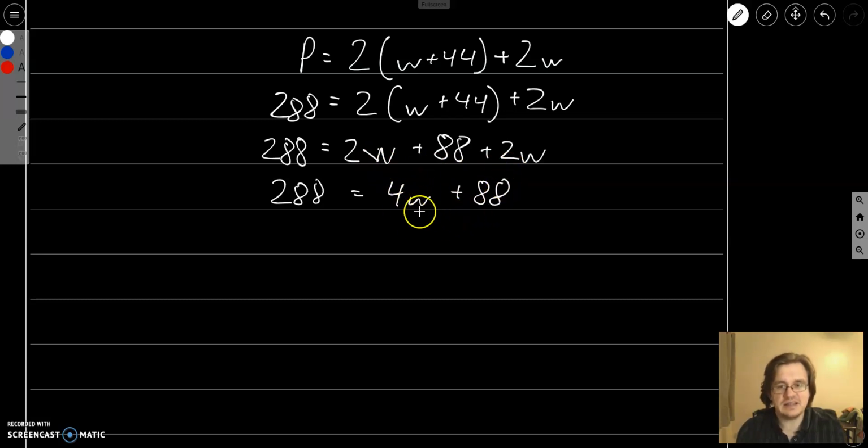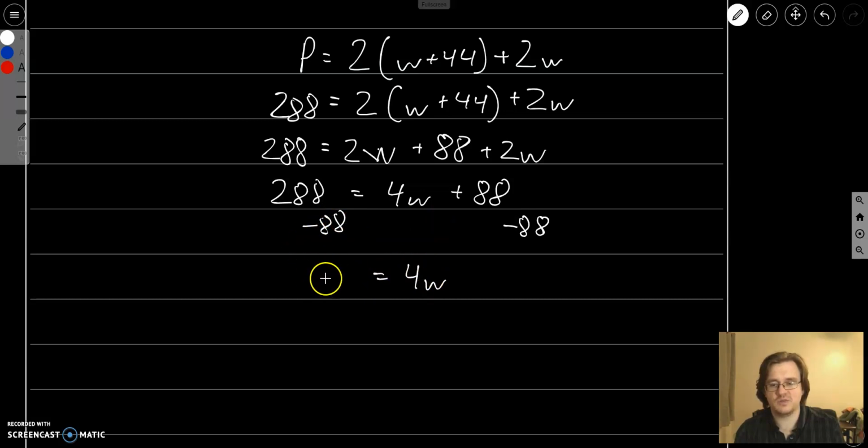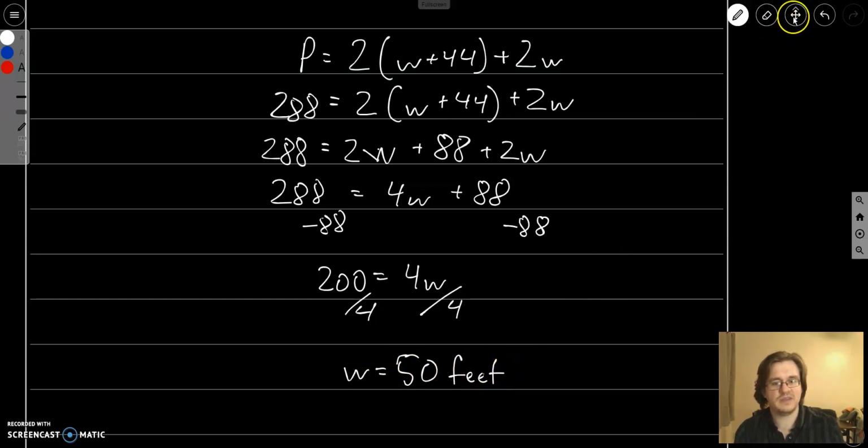But I want to isolate the W by itself, so I'm going to subtract 88 from both sides to be left with 4W equal to 200. And this is pretty simple. I want to divide both sides by 4 to get W equal to 50. So W is the width of the court, and that is 50 feet.